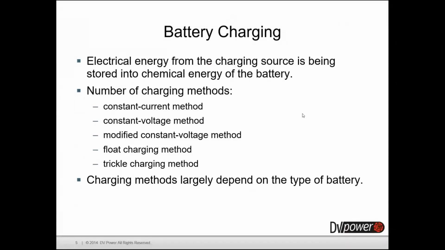That's why when you are buying a battery, first you need to check if that battery is suitable for your application. And then when you buy the battery, you need to follow all the manufacturer's instructions regarding the installation, the maintenance, the discharging process, and the charging process. Because there is no uniform standard in the world that dictates the procedure of charging batteries.